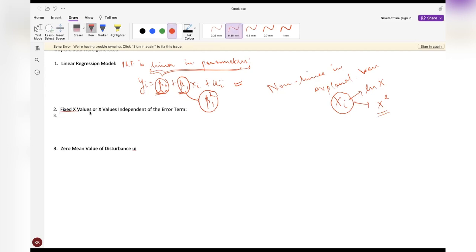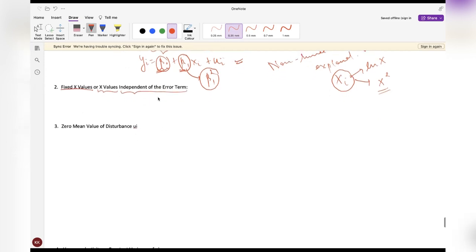Then we have fixed x values in our population, as we have discussed in the hypothetical example. And if the values of x are taken stochastically, meaning we are taking the value of x randomly along with the value of the dependent variable, then we need to ensure that these x values are independent of the error terms. This means there should be no relationship between the explanatory variable and our error term.